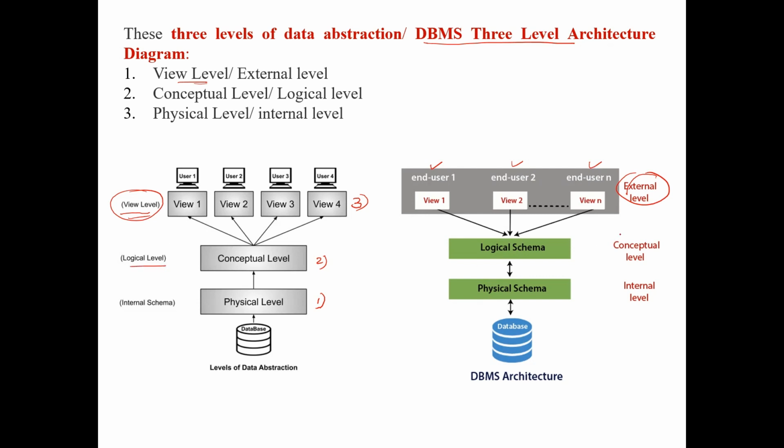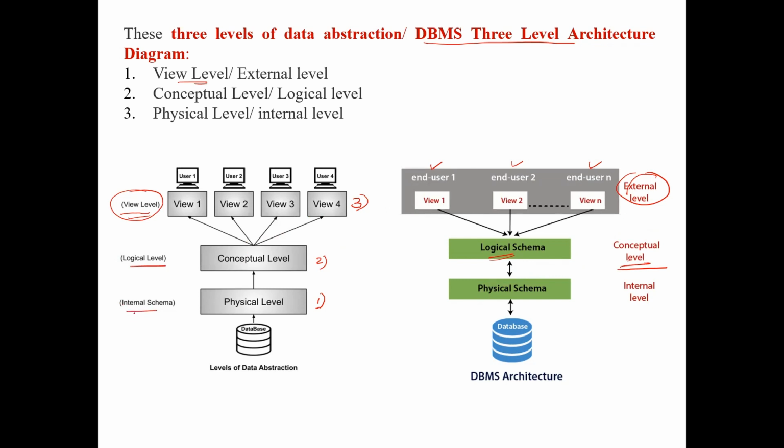Now, second is the logical level. We also call it as a conceptual level. So conceptual level means the logical schema we draw. How the complete structure of the database, how many relations will be there, how these relations will be related with each other. Relation means the data or the tables in terms of RDBMS.